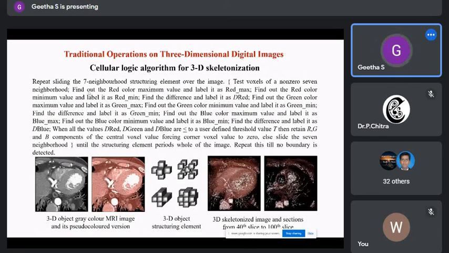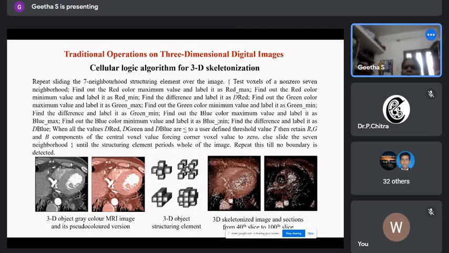Find out the red color maximum value and label it as red max. Find out the red color minimum value and label it as red min. The difference between maximum and minimum of red values is labeled D red.